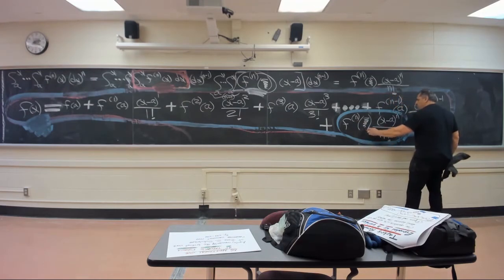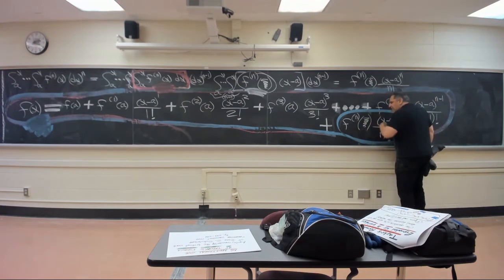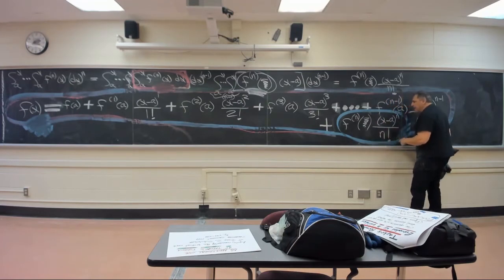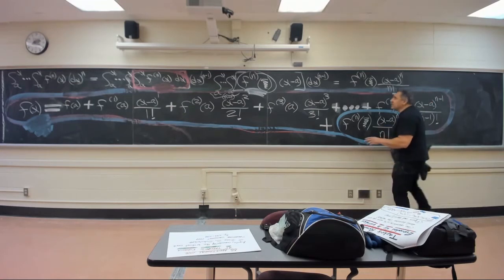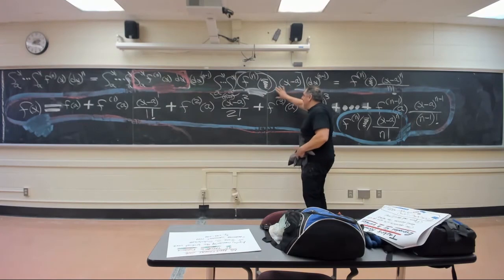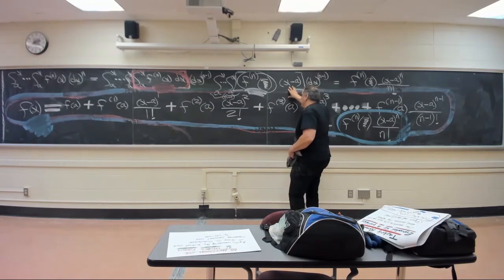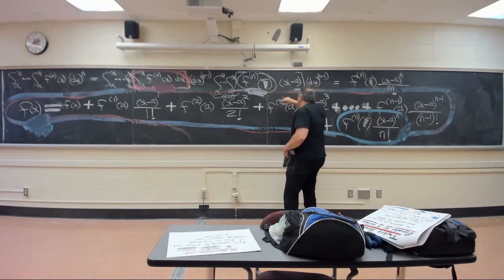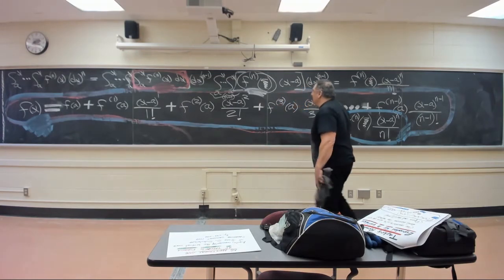Whatever the value is that's going to make this the mean value, you can multiply it by x minus a over here. That's what you did initially. You multiply by x minus a regarding the nth derivative of f, the nth derivative of f with respect to some variable x, and you worked it.